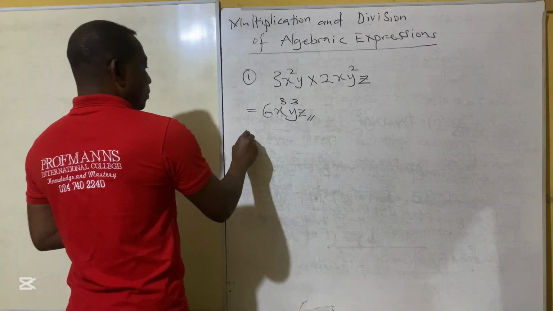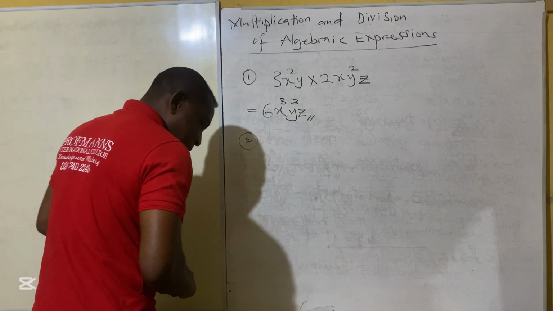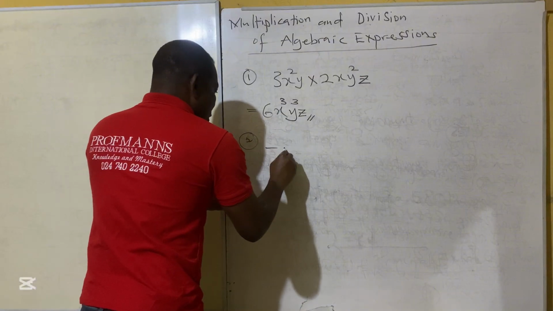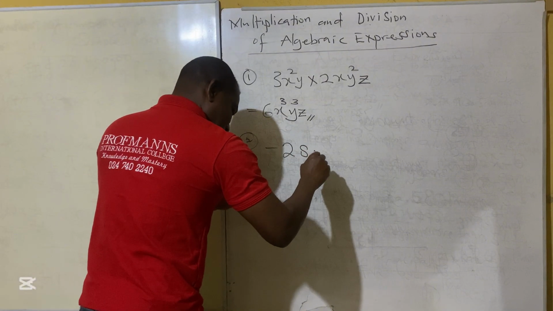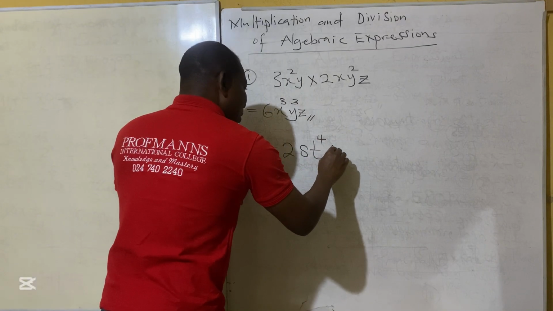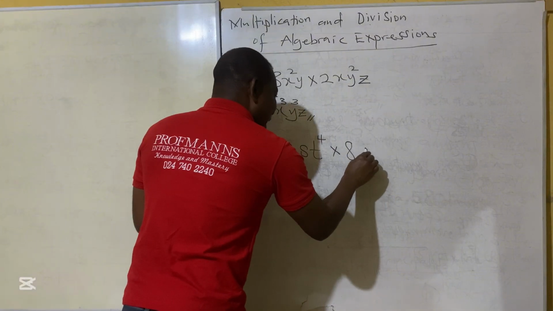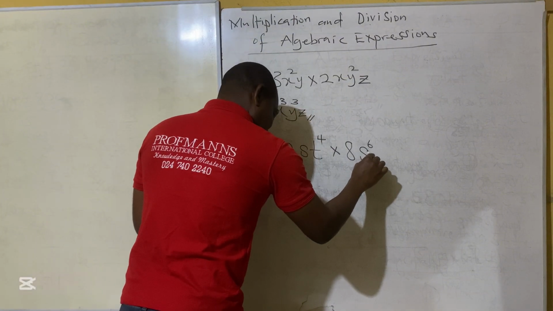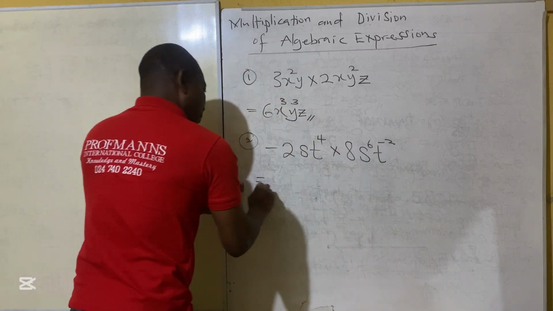So number 2. The number 2 is minus 2s t to the power 4 times 8 s to the power 6 t to the power minus 2.